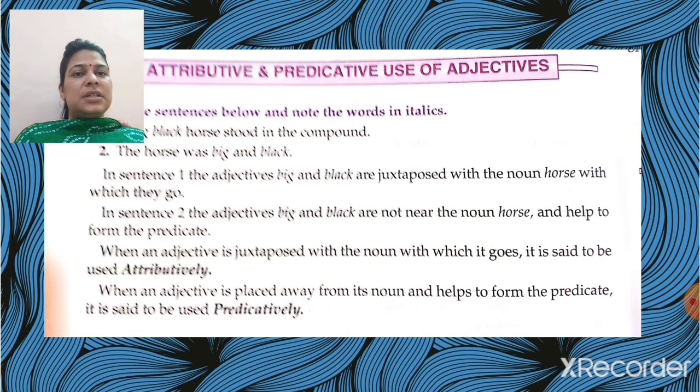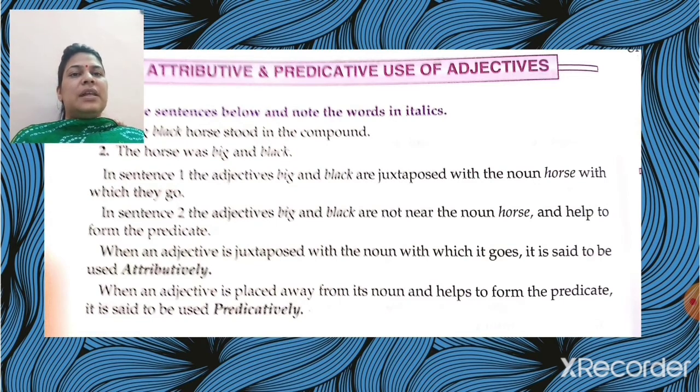When an adjective is juxtaposed with the noun with which it goes, as we normally see just before the noun, then it is said to be used attributively. So that use is an attributive use, as normally we use adjective of quality or any other adjective.